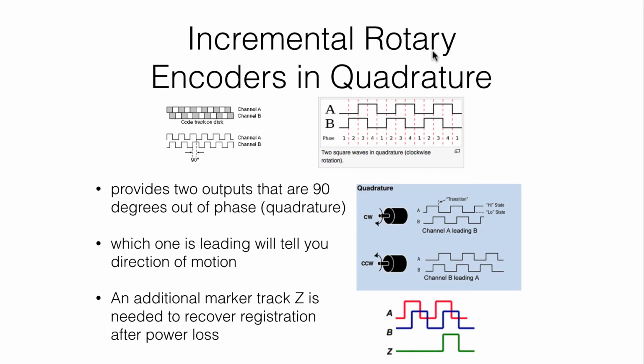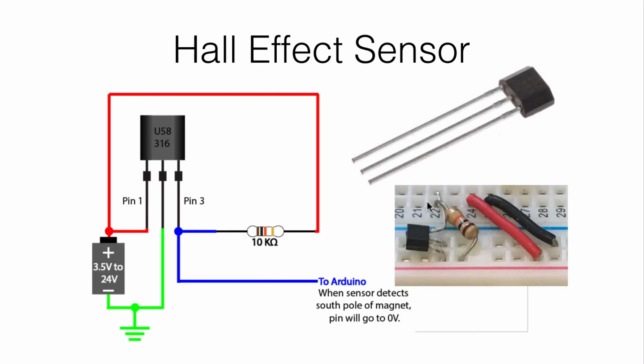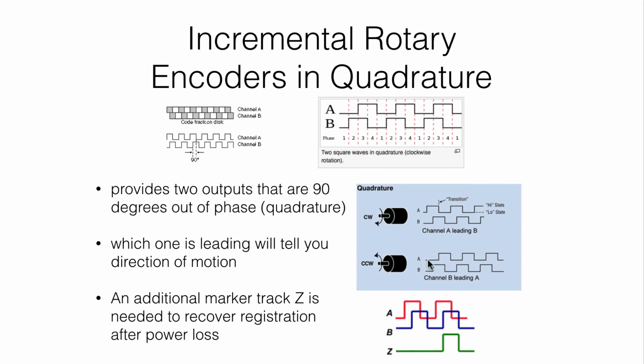These incremental rotary encoders are very common in all sorts of applications, and they also have the same advantages that went with the absolute encoding and the Hall effect sensor, in that they can be incorporated into a microcontroller system really easily. What we're looking at here is just digital pulses switching on and off. We can detect those on interrupts, and we can monitor to see how many pulses have gone by. So it's a really useful technique to get your data out.